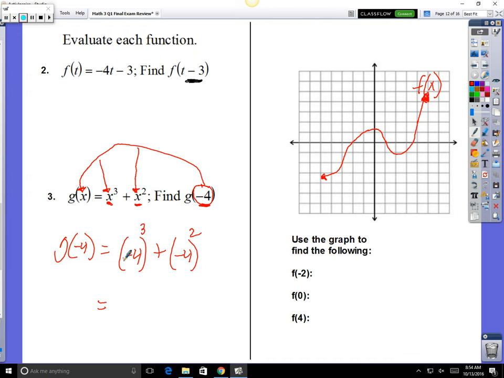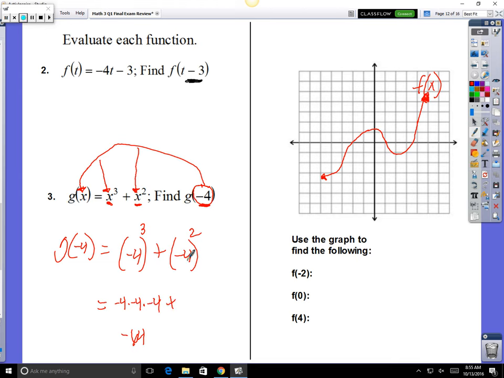To get the right answer, you have to have the parentheses. So negative 4 cubed is a negative 4 times a negative 4 times a negative 4. That is a negative, because a negative times a negative times a negative is a negative, and I think it's 64. 4 times 4 is 16, times 4 is 64.